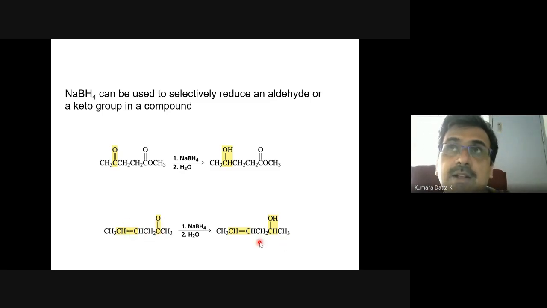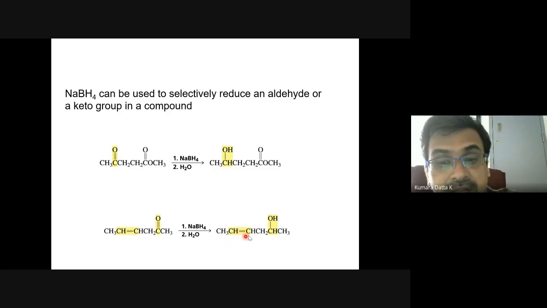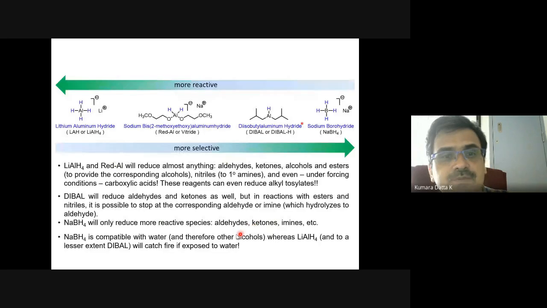Again, why? Look at the charge generation here, a slight partial charge, then the attack of the nucleophile. If you take lithium aluminum hydride, it reduces even here, and the same here; both it will reduce. So if one part should be selectively reduced, prefer sodium borohydride. Now let us conclude the first part of your topic, lithium aluminum hydride versus sodium borohydride.